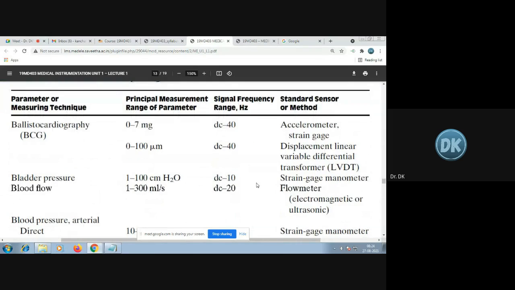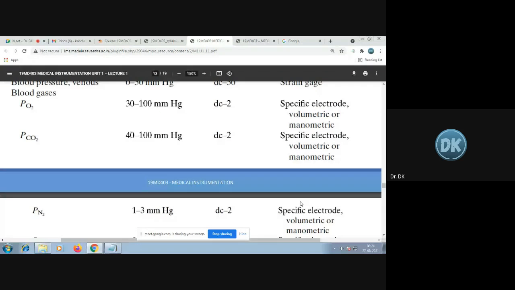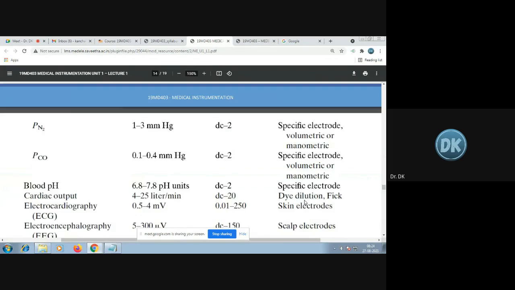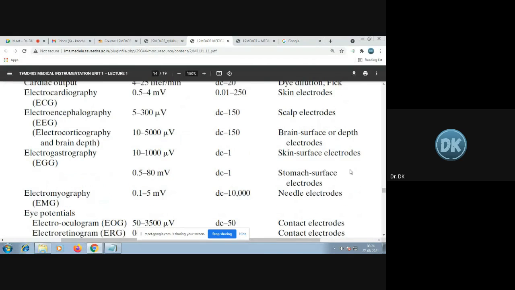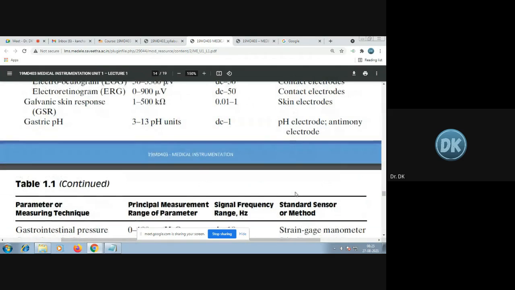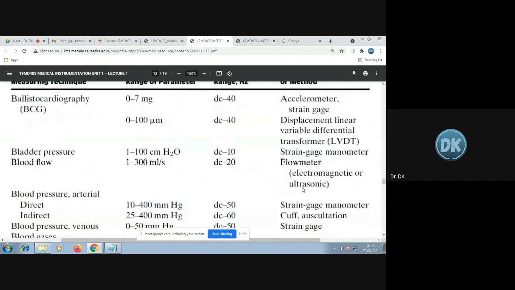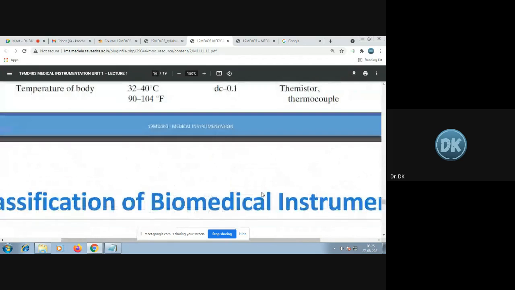So you have to use the specific sensor or electrode to measure the particular signal from the human body. Because the human body is a complex system with a lot of organs and systems, right? You need to use a specific electrode, whether it's a surface electrode or needle electrode, whatever signal you are going to measure. That is the constraint in measurement of these physiological parameters.